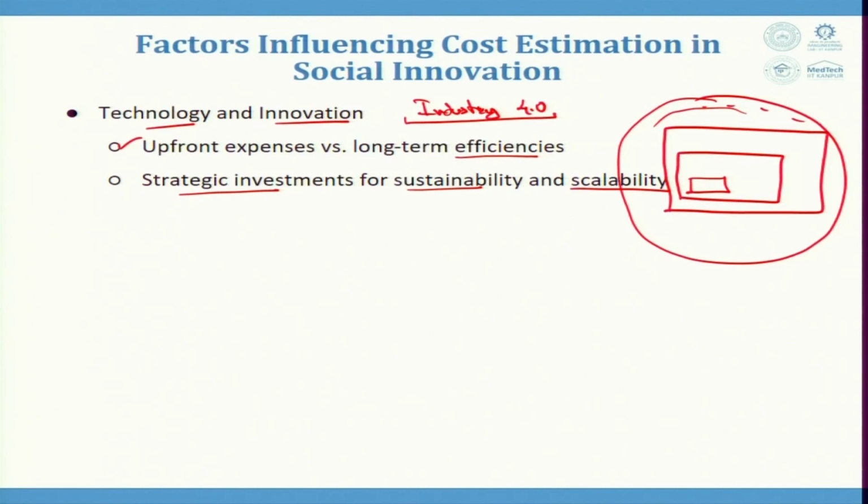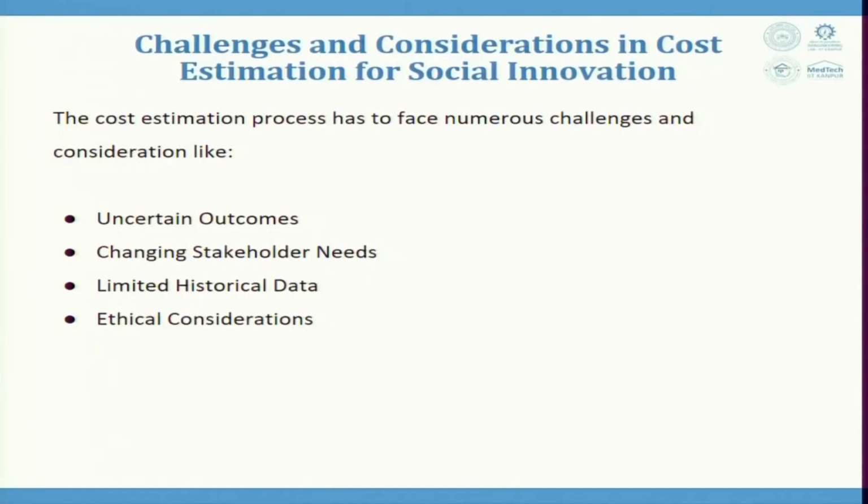Now, having talked about the factors influencing the cost estimation in social innovation, there are certain challenges to these innovations or these considerations that we are talking about. If I talk about the challenges, the first challenge is uncertain outcomes.